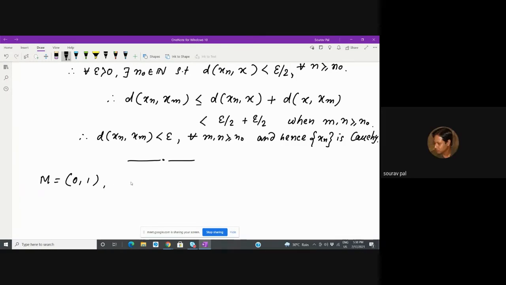So what is the topology on (0, 1)? The subspace topology of the real line, right? Yes, sir. And d is the usual modulus.